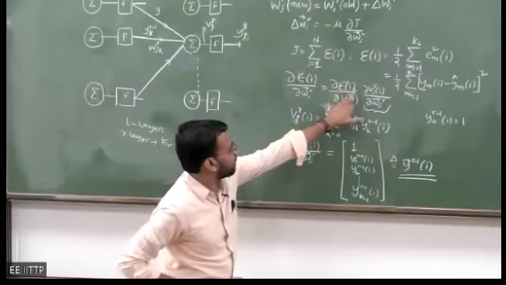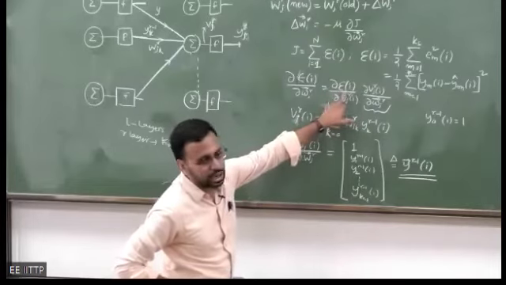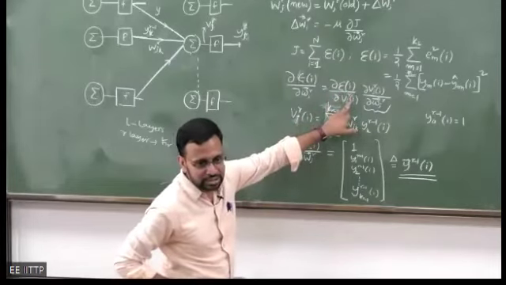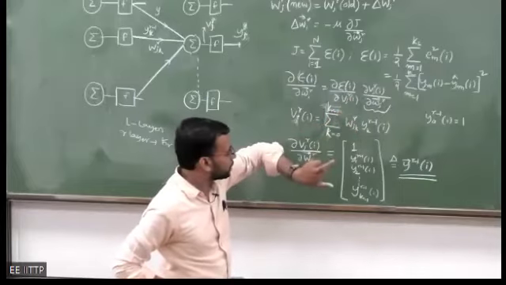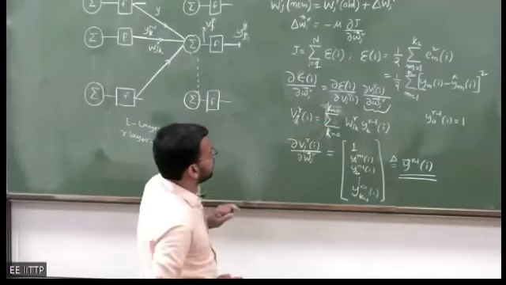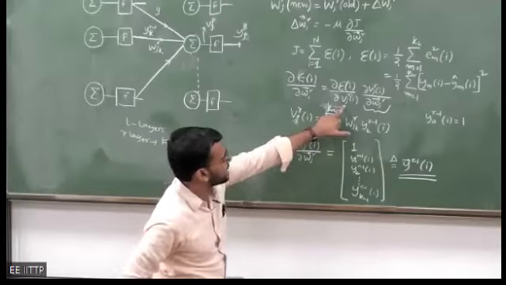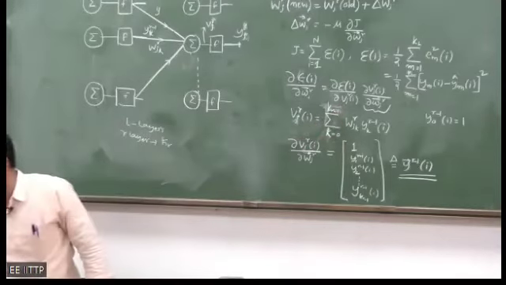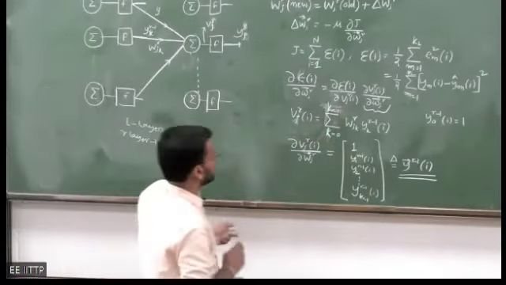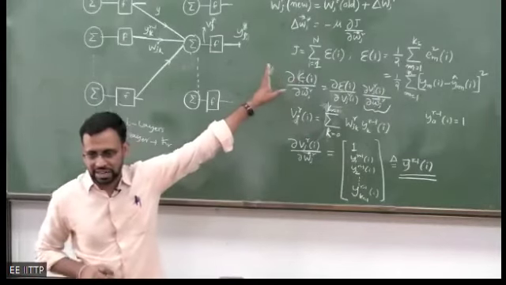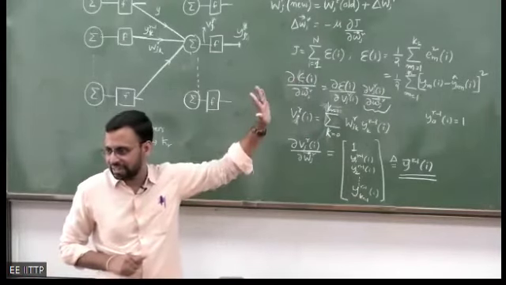Dou E of I with respect to dou Vj r of I, this is a little bit tricky. So for the time being, let us call it delta j of r. Now I am trying to follow the same notation as used in the textbook. I am not diverting anywhere.